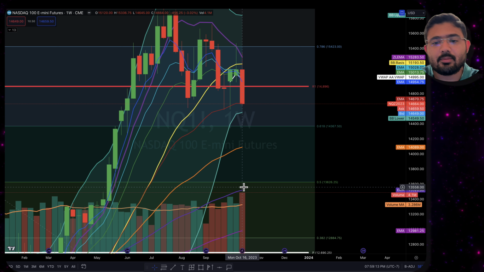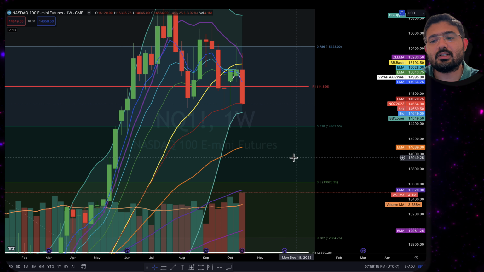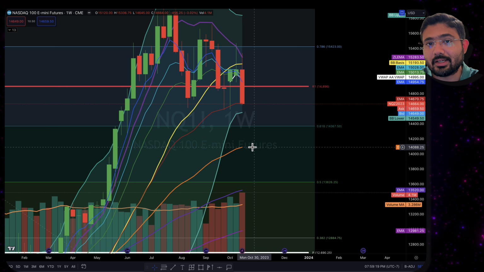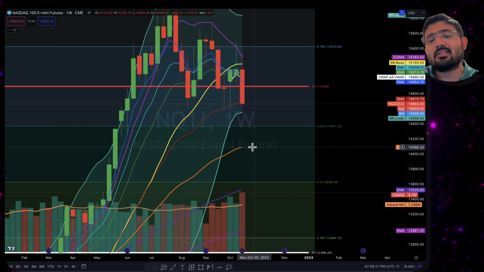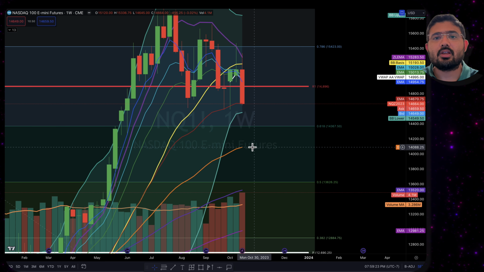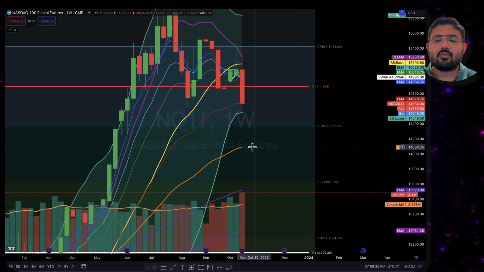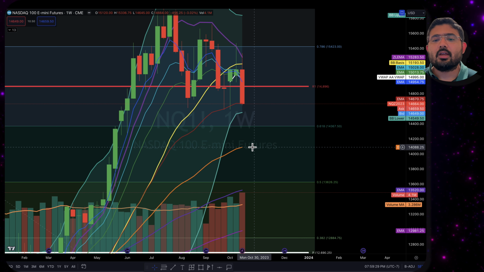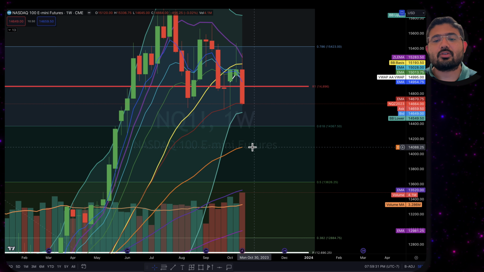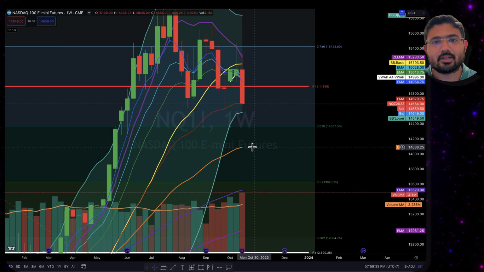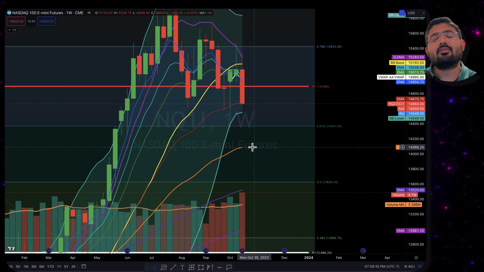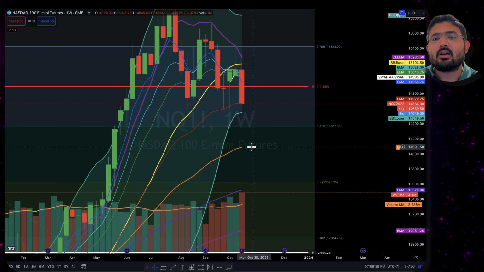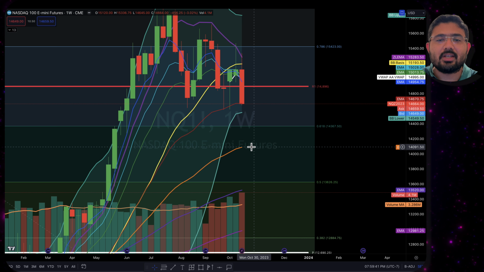So I personally doubt that we will reach the 50-day moving average on the weekly time frame. The reason why I'm saying this is because if you consider the time frame of October to January every year, it's a seasonally very strong period for equity markets. So to have a meaningful downfall in this time of the year, the probability is very, very less.